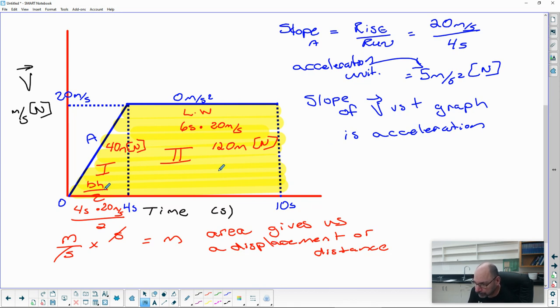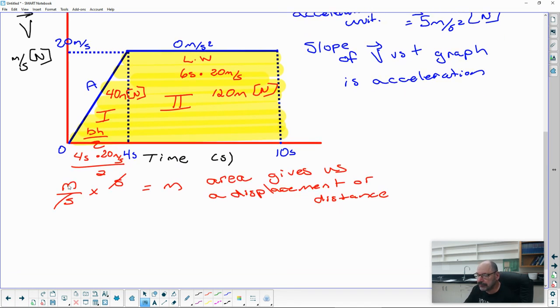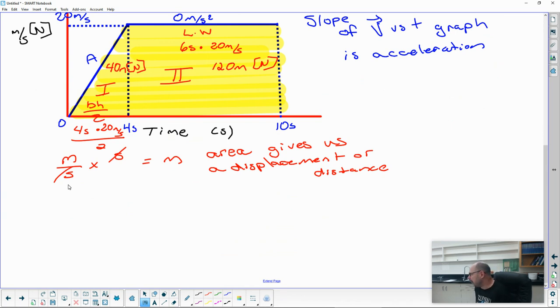Okay? So that's the basics of a velocity time graph. Slope is acceleration and area under the curve. Now, one thing students will sometimes miss: if there's a line here, this is not the curve.